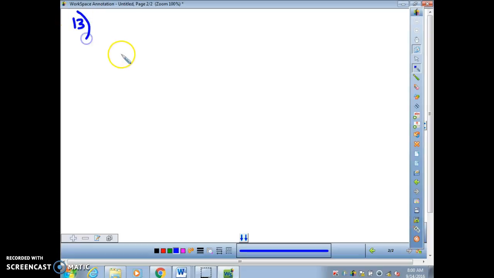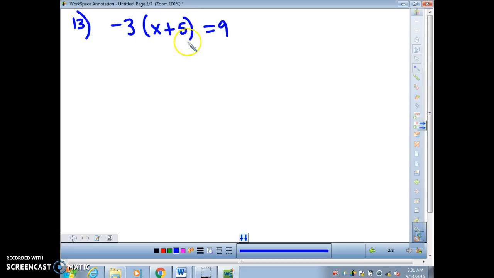Alright, so for number 13, we have negative 3x minus 15 is equal to, I'm sorry, I am giving you the first step instead of copying the problem. Let's back up. We have negative 3 times x plus 5 is equal to 9. So you've got parentheses here.